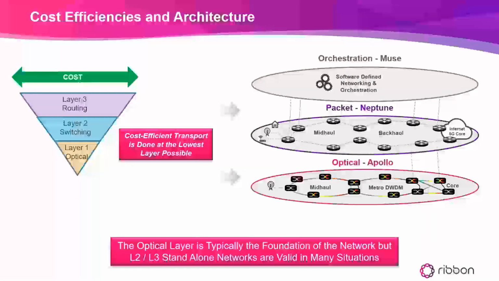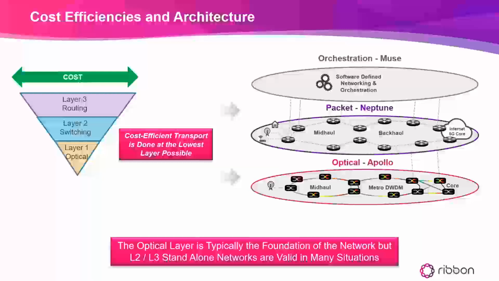For Ribbon, that means if you look at the frisbees on the right-hand side of the screen, that's our Neptune device, which is capable of layer 2 and layer 3. It can sit on top of an optical network. As I mentioned last Tech Talk, we typically will build an optical network as a foundation, and then you can run your layer 2 and layer 3 traffic over it.